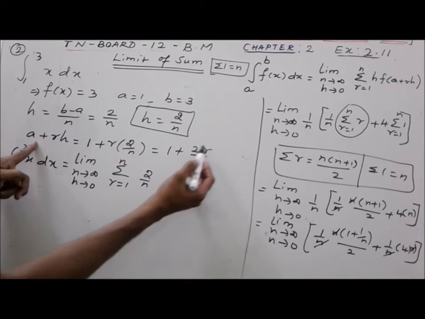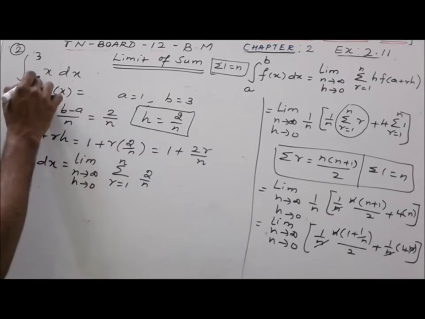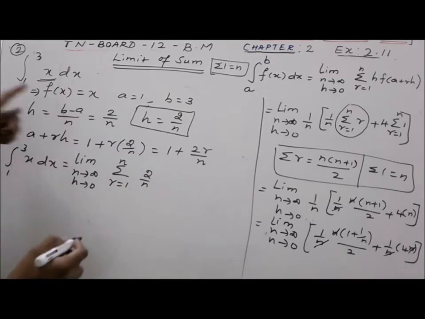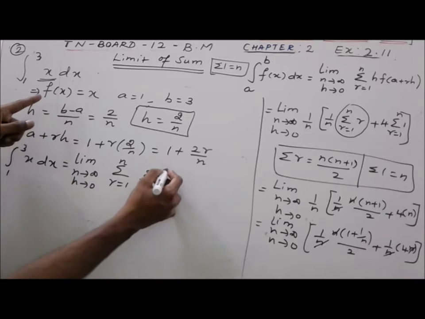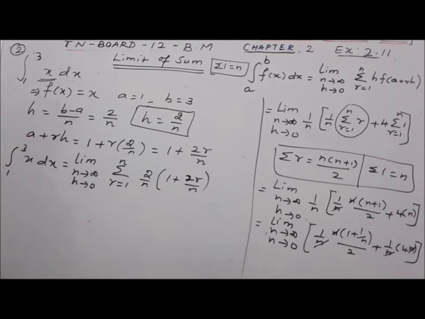Substituting in x, we'll have f of x is equal to x here. So substituting in this, we'll get 1 plus 2r by n.